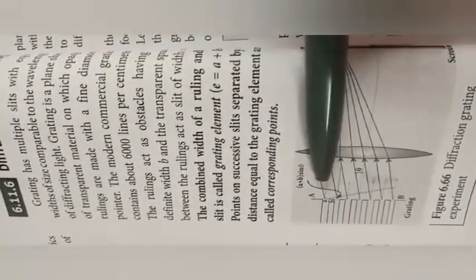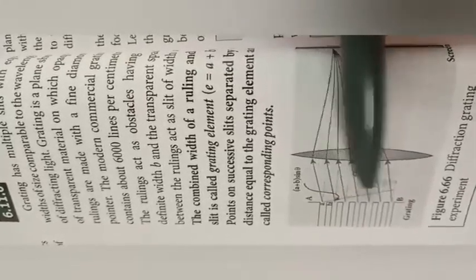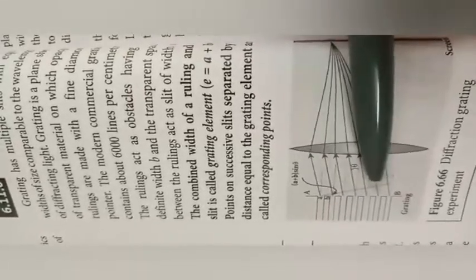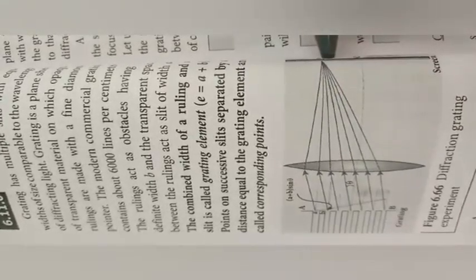In this grating, light enters through the gaps, which act as slits, and the lines act as obstacles. Each and every gap is responsible for giving diffraction here. We also use a convex lens, and then we get the maxima and minima.